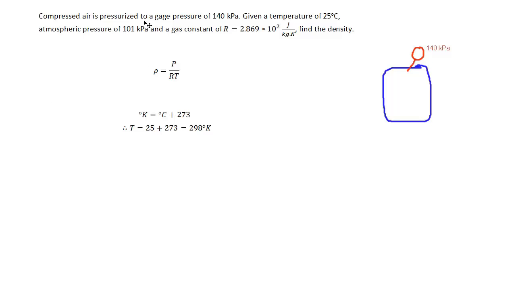So that's our gauge pressure, which is given here in the question. But what this formula asks for is absolute pressure, which is the addition of gauge pressure and atmospheric pressure, as demonstrated by this equation here.